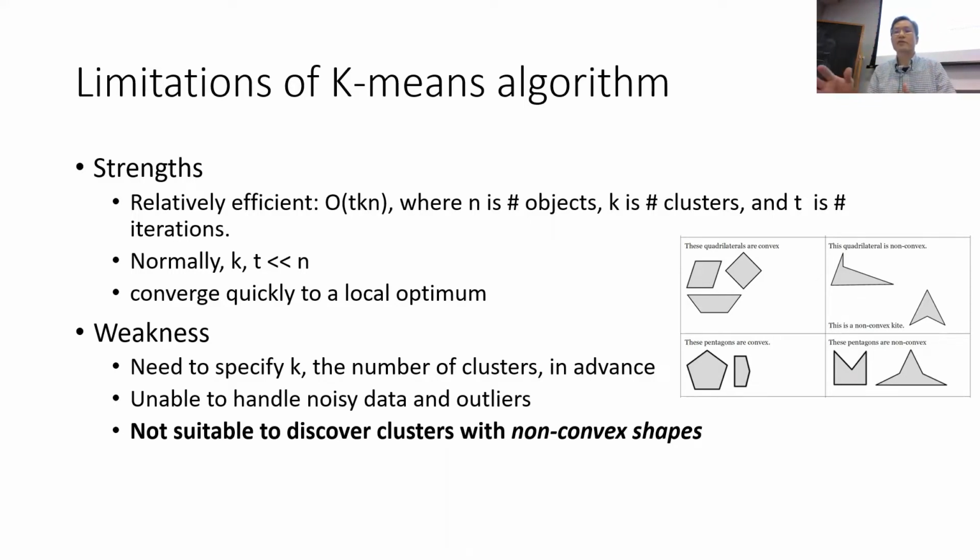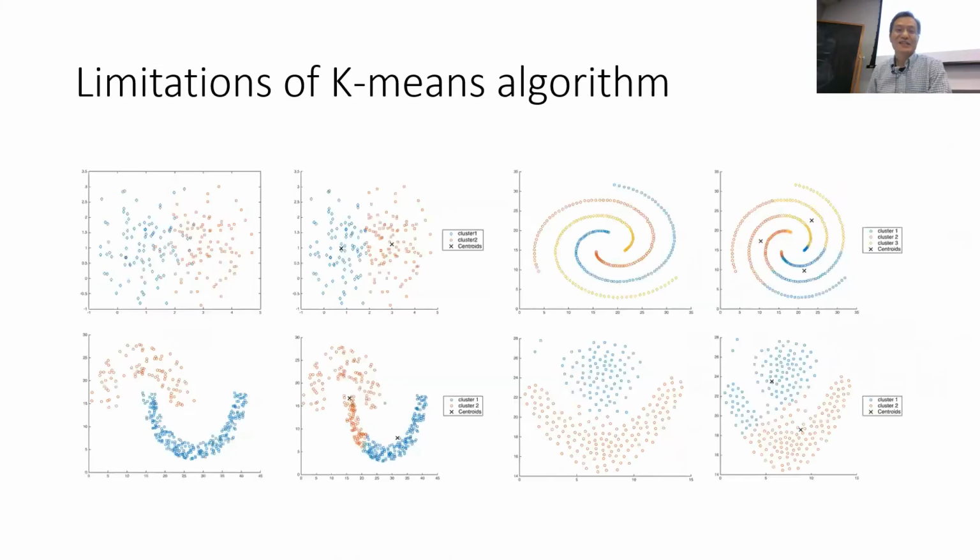And the non-convex, you have this non-convex shape, which I don't know how to explain mathematically. But when you see it, you know this shape is non-convex. Okay, so those are some examples.